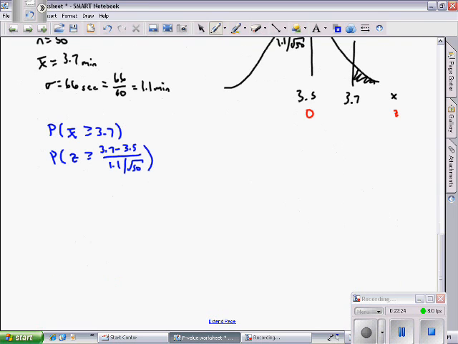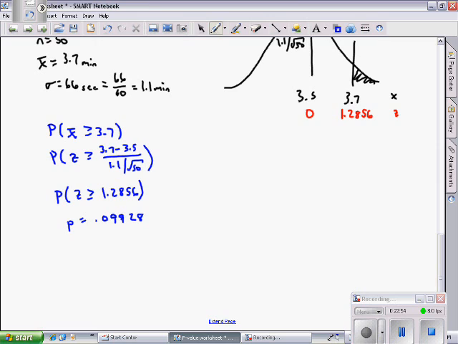I'm going to use my calculator. That gives me 1.2856. So this value over here on my graph is 1.2856. That's the Z test statistic for an X bar of 3.7. Now when I use my pink chart or my calculator, I get that my p-value is 0.09928.